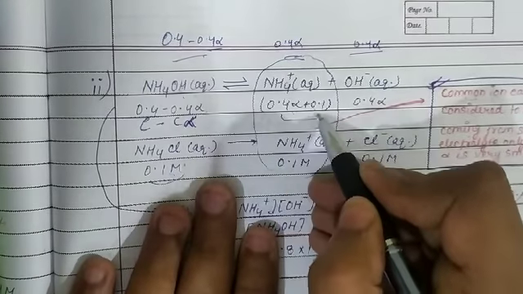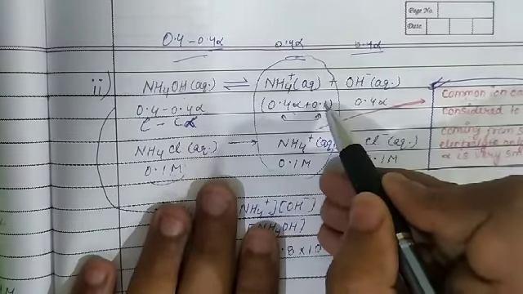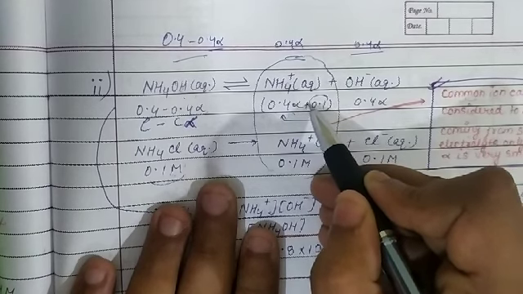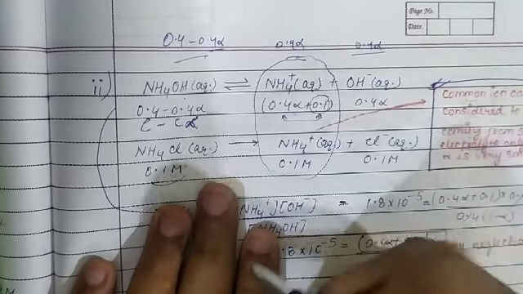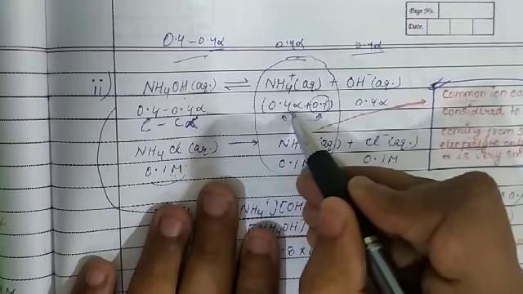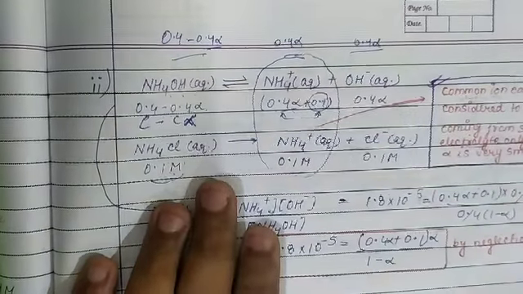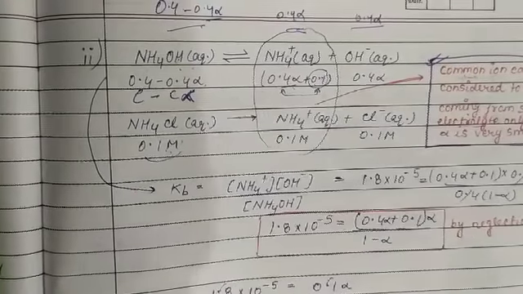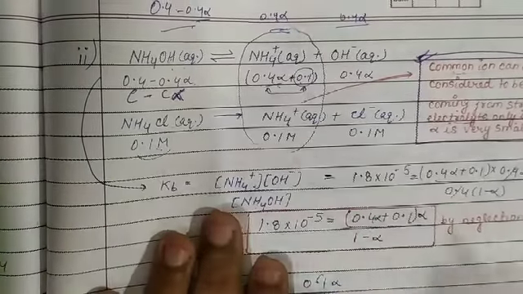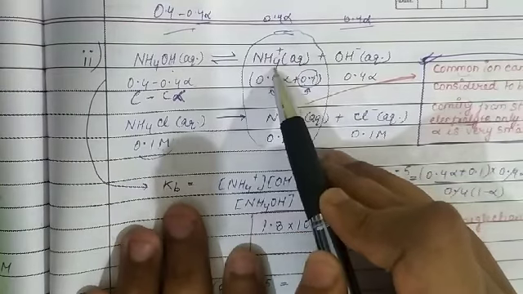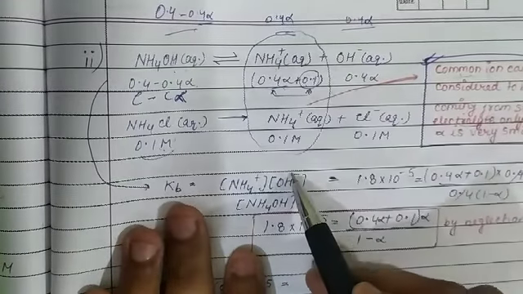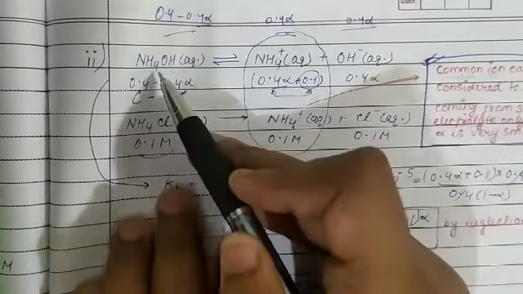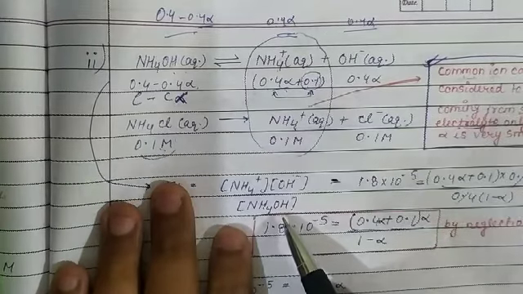Of these two values, we take the NH4+ coming from the strong electrolyte, which is 0.1, and 0.4 alpha will be neglected. Now we write the Kb for this reaction: Kb is the concentration of NH4+ multiplied by the concentration of OH- divided by the concentration of NH4OH.